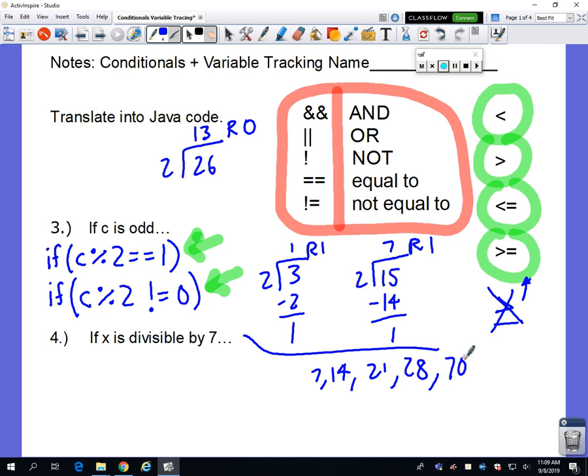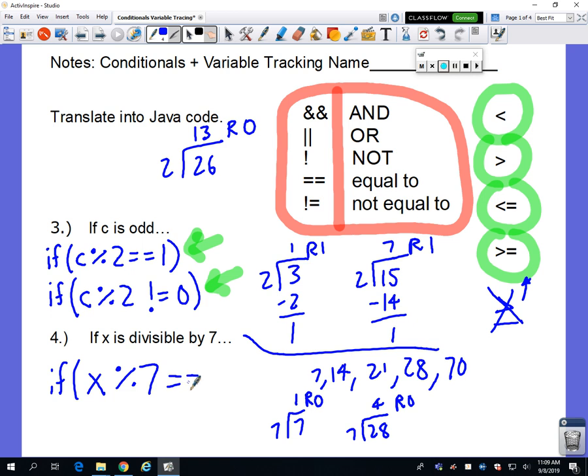The remainder will be 0 because 7 goes in evenly. No matter what multiple of 7 I use, I'm always going to get a remainder of 0. So I could just say if x mod 7 equals 0 in order to say it's divisible by 7. And that's my answer.